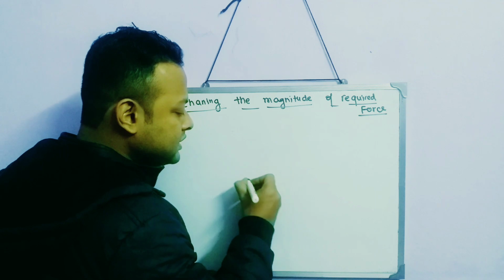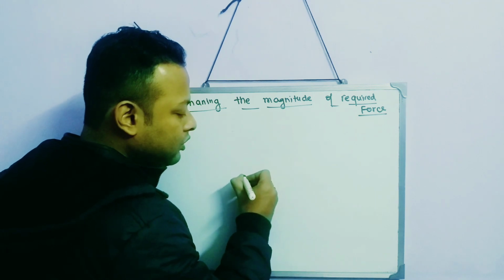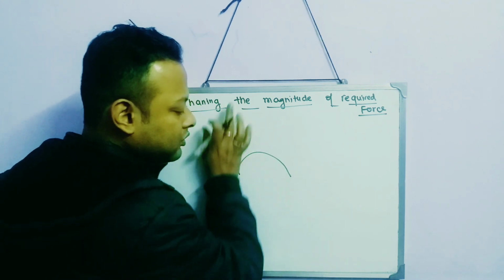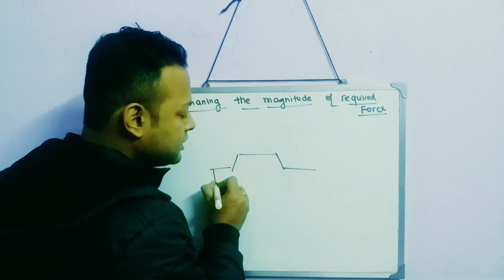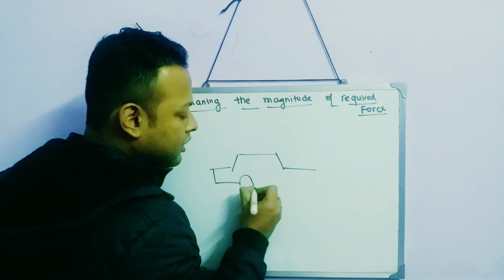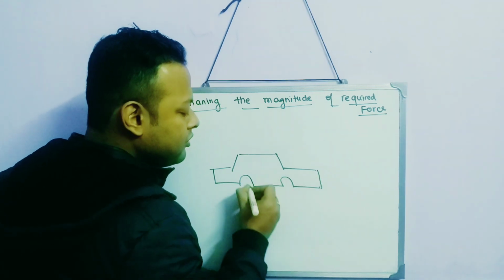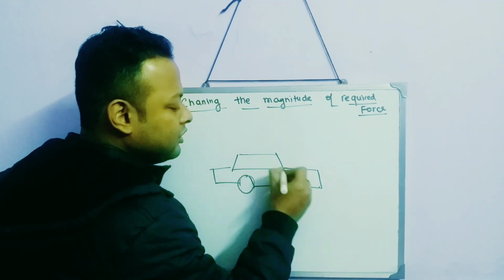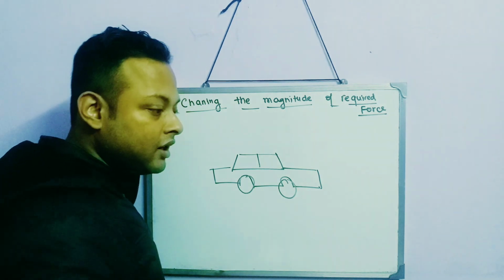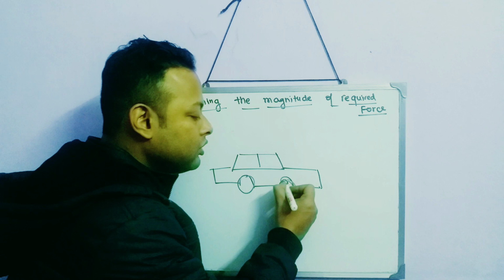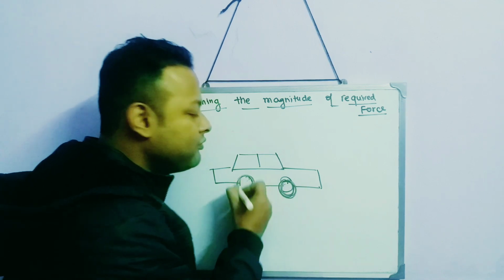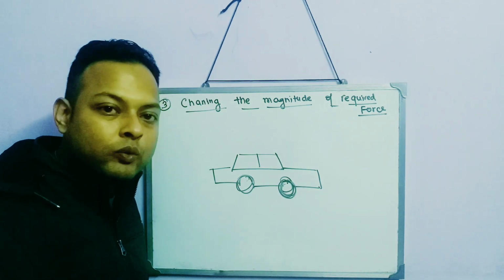Okay, suppose this is a car. Okay, this is a car, and this car has got a flat tire. Do you know what a flat tire is? Flat tire means puncture. So this car has got a flat tire. Now what do we need to do?